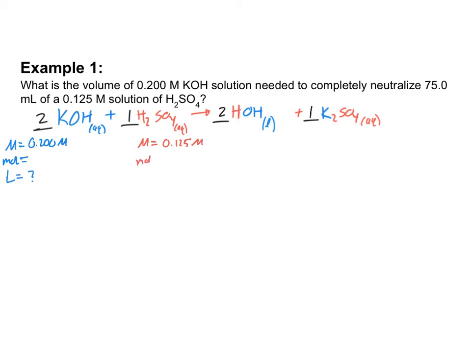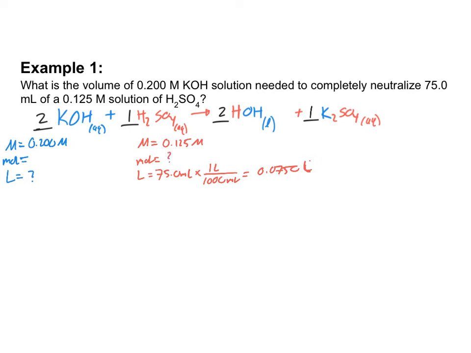I don't know the moles, but I think I can calculate it when I know that the volume, in this case liters, is 75 milliliters, which I'm going to convert right away to liters.